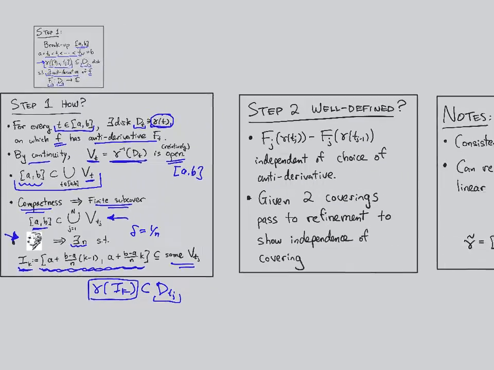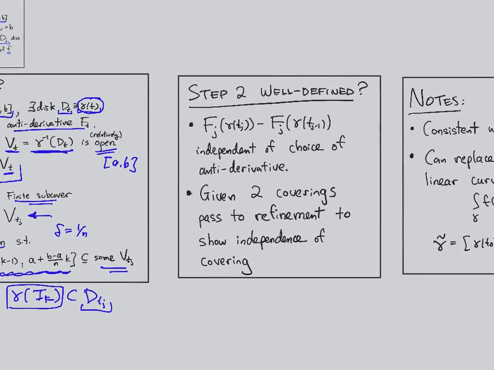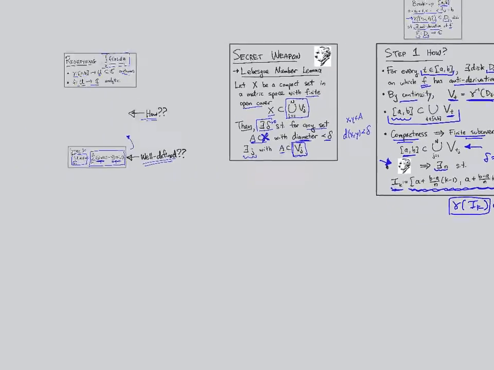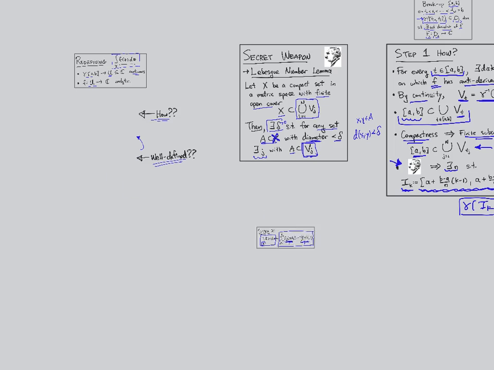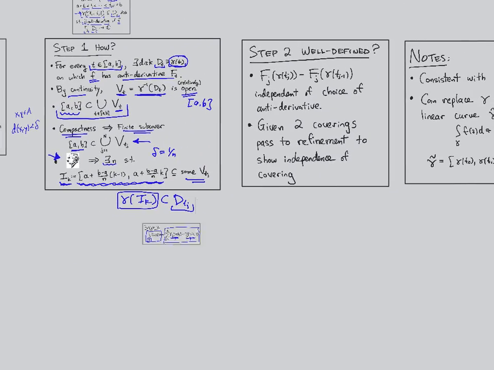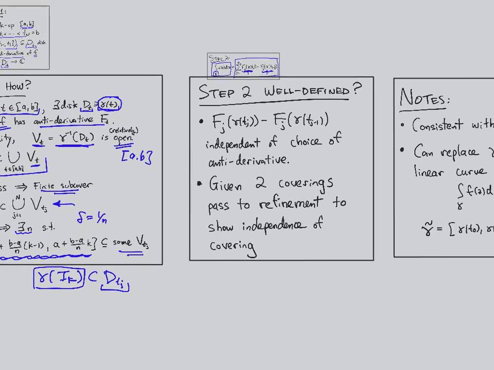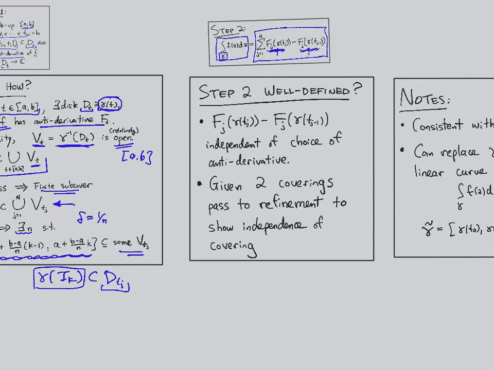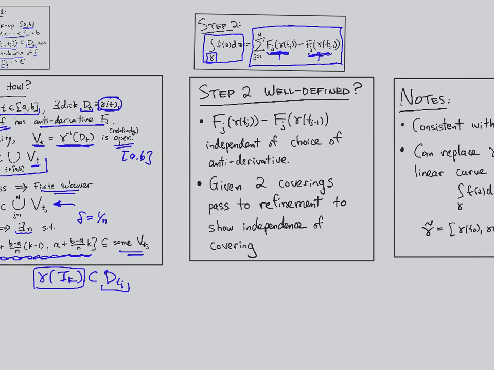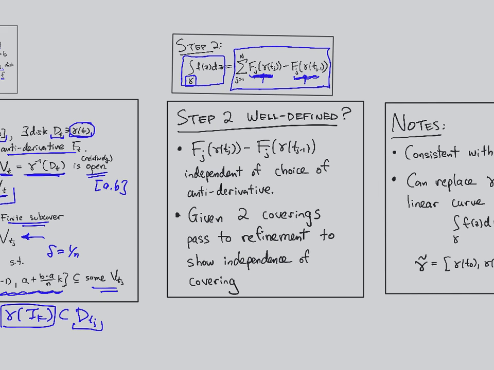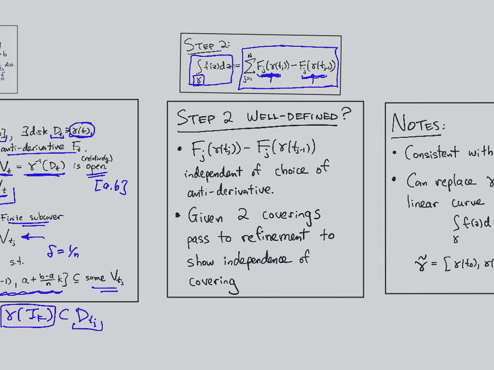Okay, in step 2, why is our definition well defined? Again, here was how we defined it just to match with what happens for piecewise C1 curves. You break up the path into pieces on which we have antiderivatives and then just use the formula that we had for piecewise C1 curves.